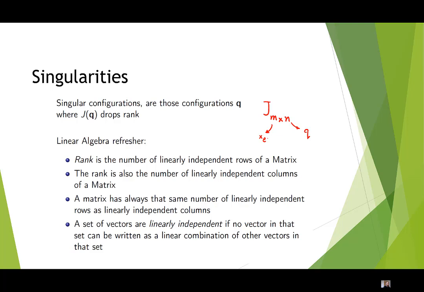In other terms, if we want to give it another definition, the rank of a matrix drops when two columns or two vectors in the matrix are linearly dependent. Look at the matrix like this.